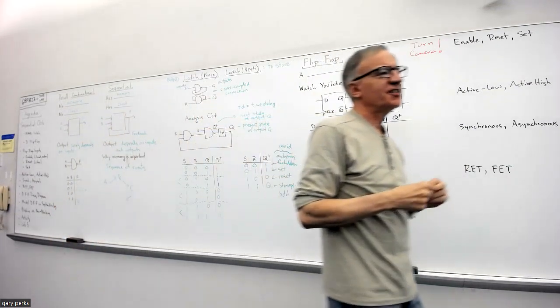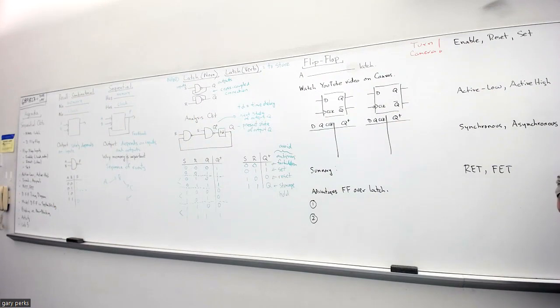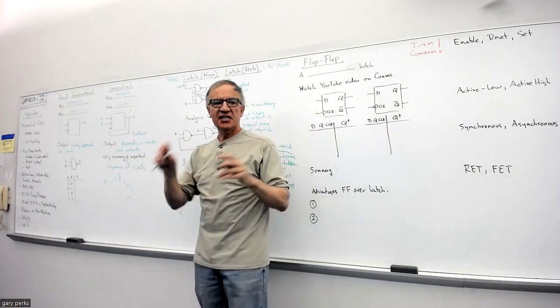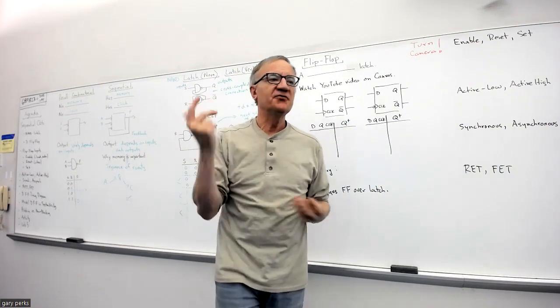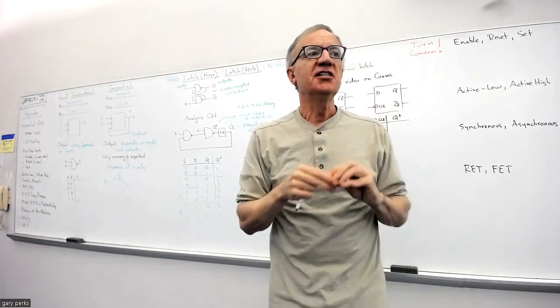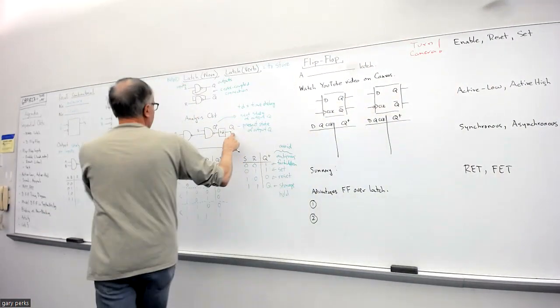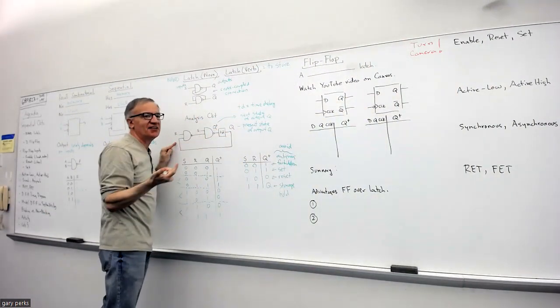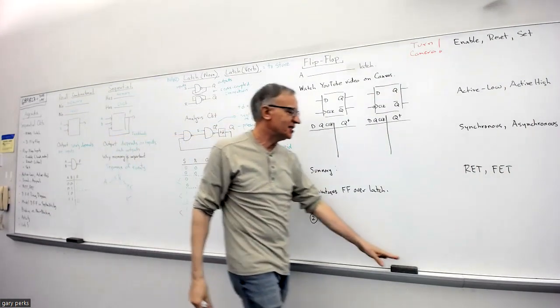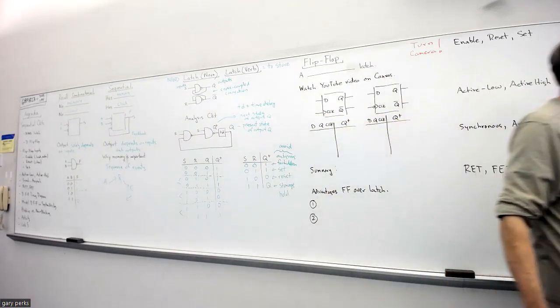Have you had circuits yet? Circuits helps in this regard because when you have any sort of connection, it makes the voltage the same. And that's what these zeros and ones are, they're just voltages. So if I have two things connected, they have to have the same value.